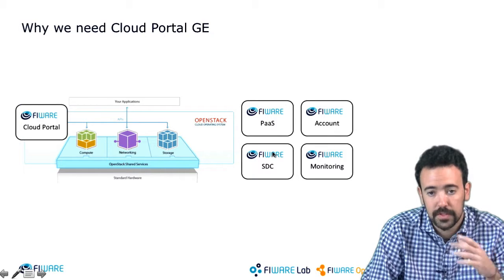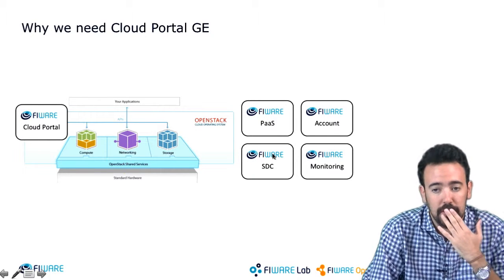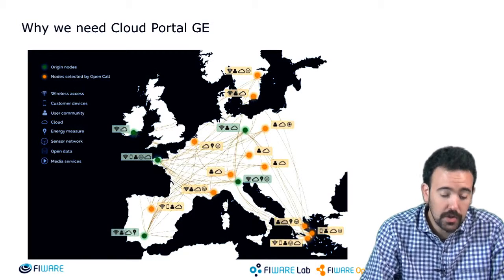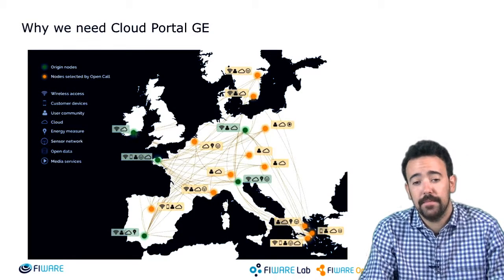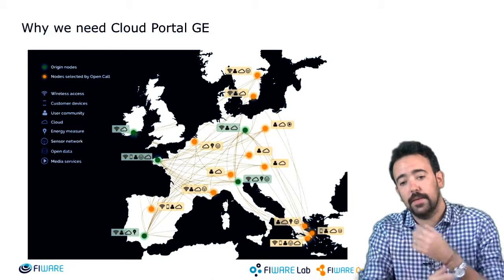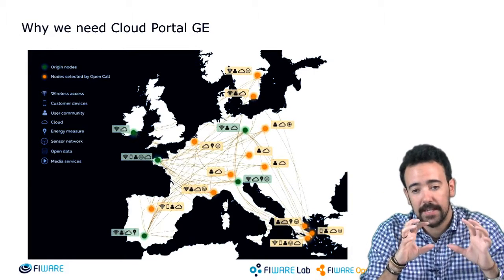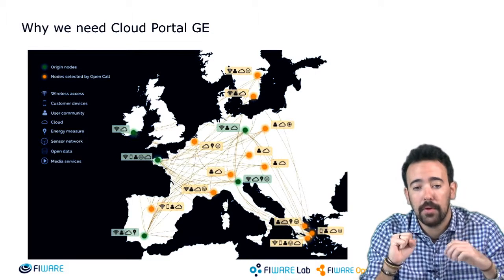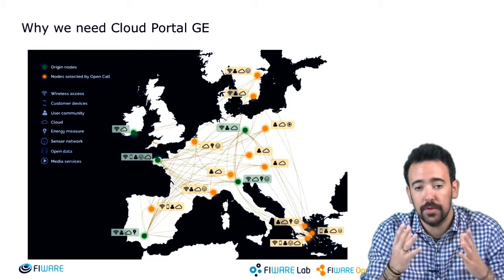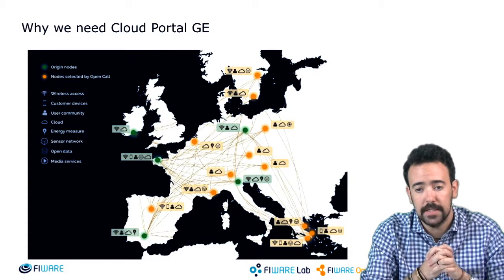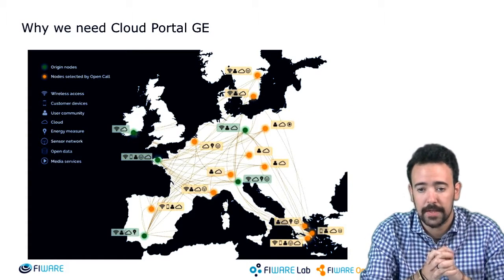These four services are only an example of some of them. We also have the FIWARE Lab environment in which we are providing OpenStack installations in several nodes across Europe and also in America.